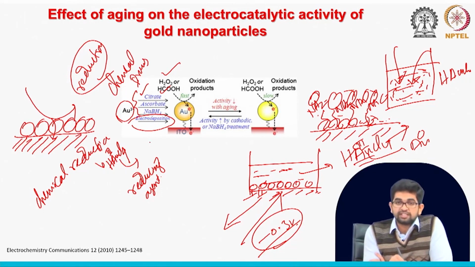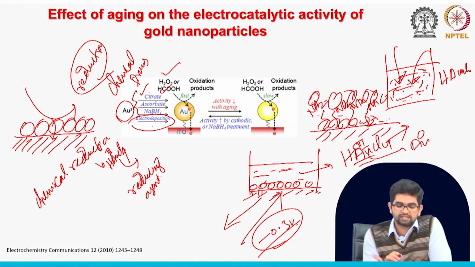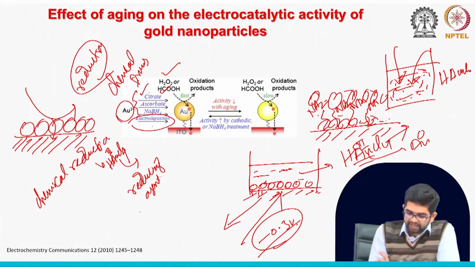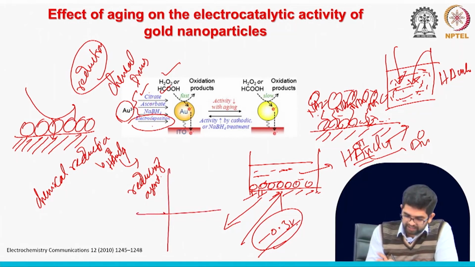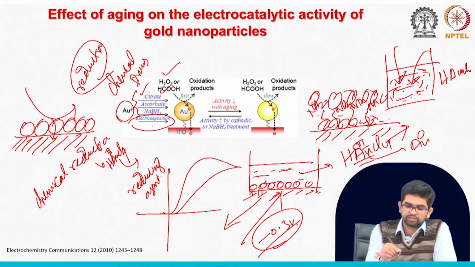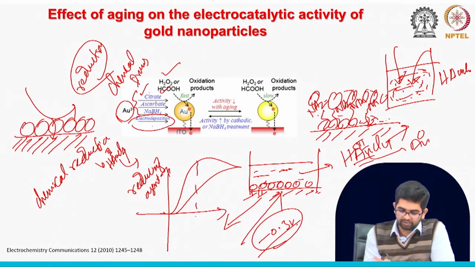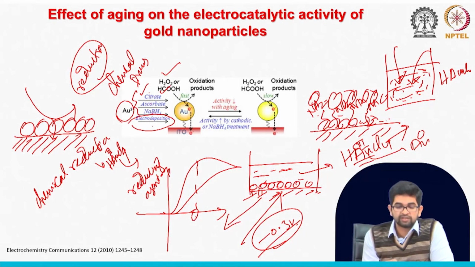Just after synthesis, citrate, ascorbate, sodium borohydride, electrodeposition, if you check their electrocatalytic activity, you may get very high catalytic activity, because you will get a very high signal for hydrogen peroxide or formic acid. If you measure the electrochemical signal, you will get a very high current, and the oxidation potential will be very low.